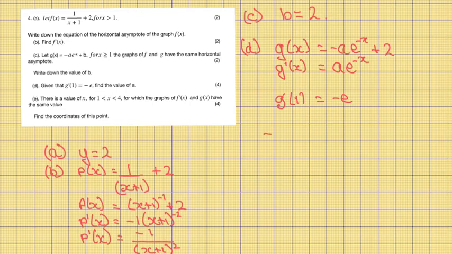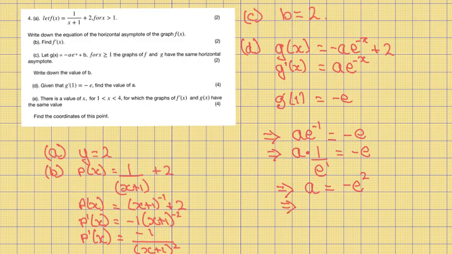So therefore, we know that a e to the minus 1 is equal to minus e. Therefore, we've got a times 1 over e to the 1 is equal to minus e. Therefore, rearranging, we get a is equal to minus e squared.